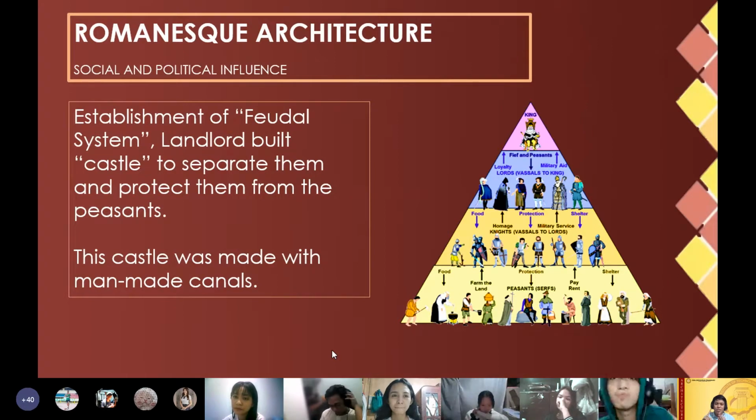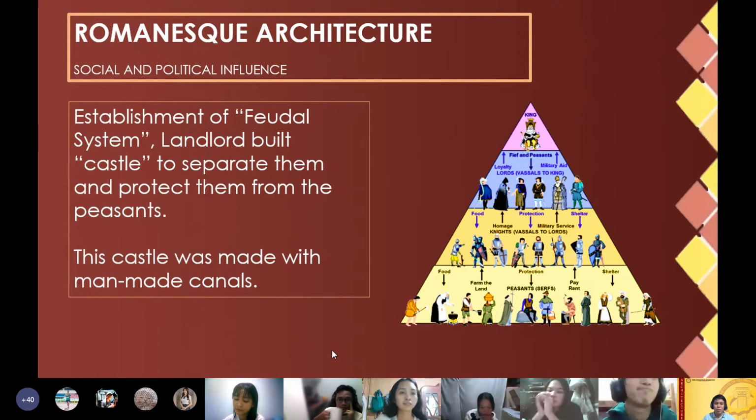In terms of religion, of course Christianity during this time, and the papacy or the Pope is highly influential. So the Pope has the power to decide and build a church right there. So in terms of Romanesque architecture, the Pope has a big influence.